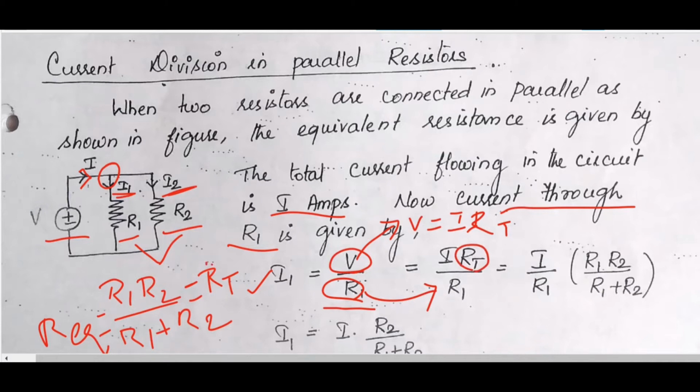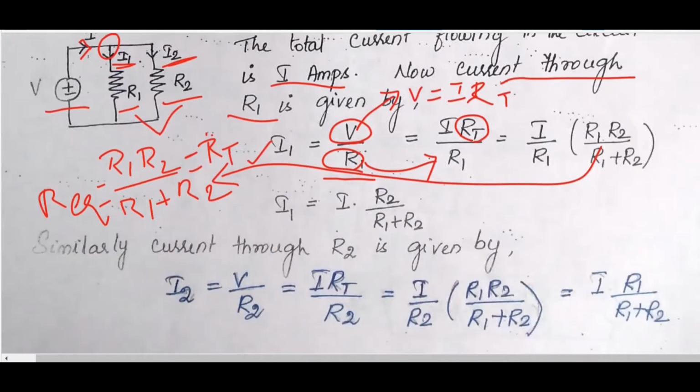R total is none other than R equivalent, so by substituting R total equal to R1 R2 by R1 plus R2, R1 gets cancelled. Your current I1 equals I into R2 by R1 plus R2.